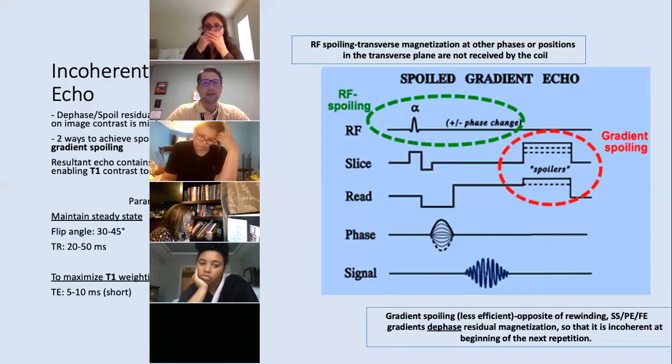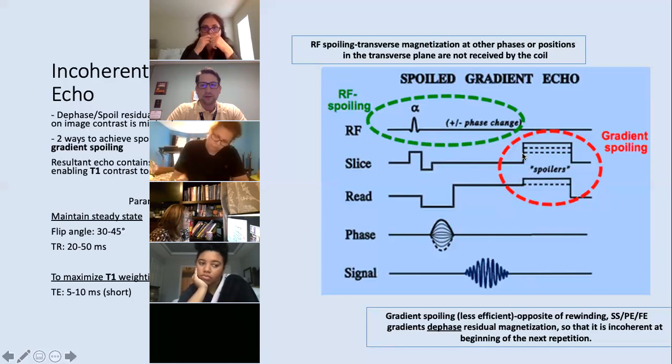So you apply a dephasing gradient on either the slice select, read or frequency encoding gradient, or the phase encoding gradient. They didn't really draw it that well because they drew almost like a positive lobe. So imagine that's like a negative lobe.